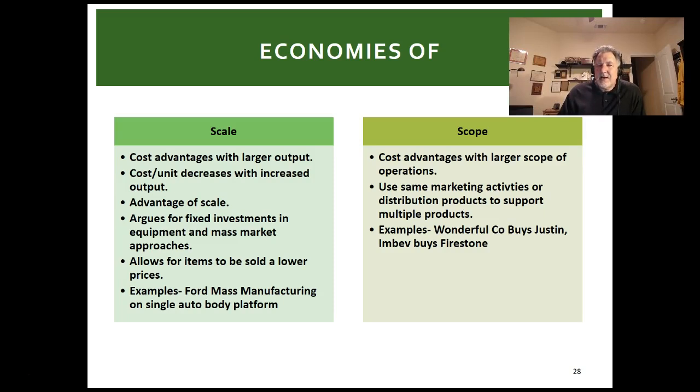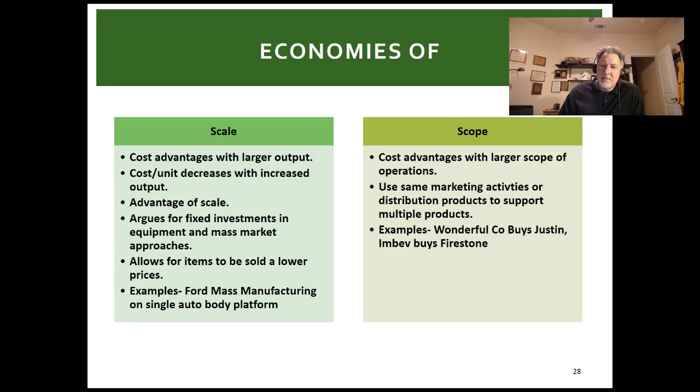On the other side is scope, which is a cost advantage on having a larger scope of operations, using the same marketing, manufacturing, and distribution to cover multiple products. And I love the concept of the Wonderful Company out of LA, which bought Justin Wines, and which also has Halos, in terms of tangerines. They also have Pom Wonderful, and they have Fuji Water.